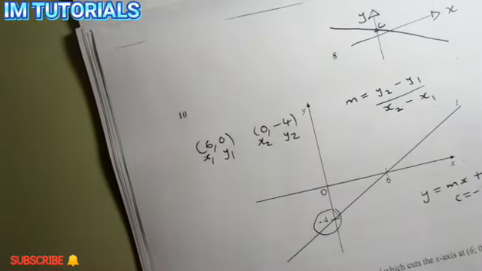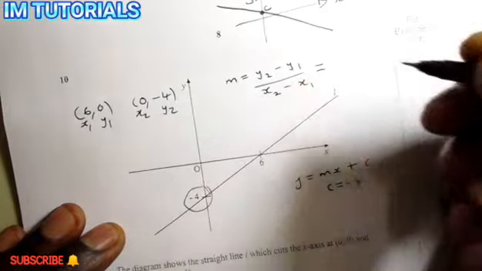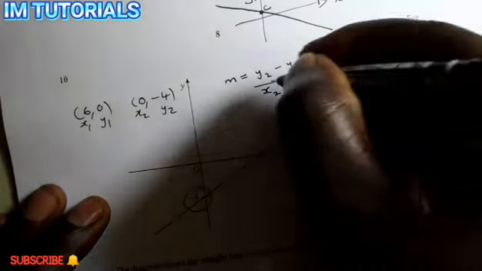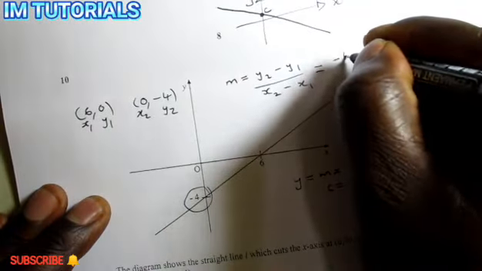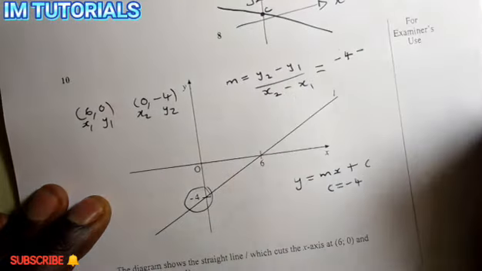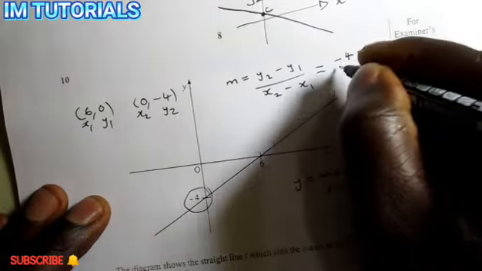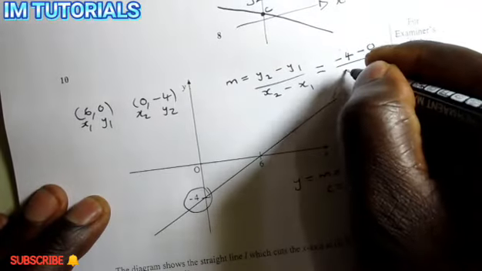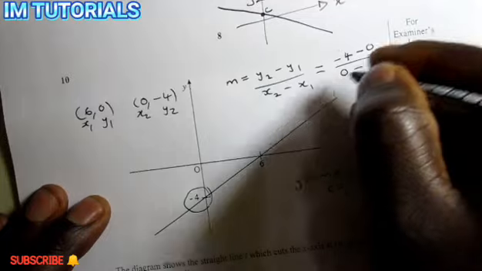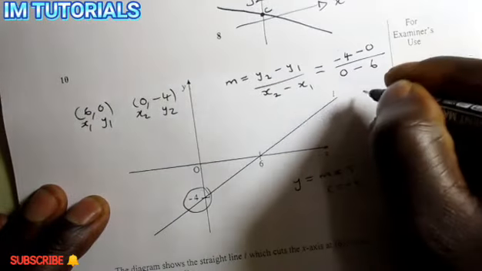If we substitute those figures in this formula, on y2 I'm going to put negative 4, on y1 I put 0, on x2 I put 0, and on x1 I put 6.